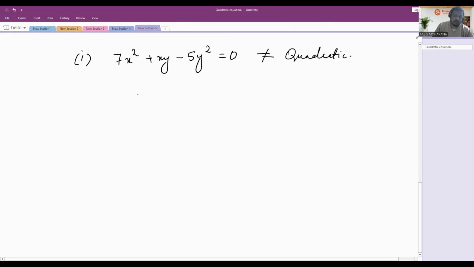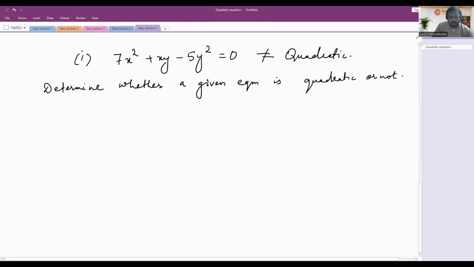Okay. Now, determine whether the given equation is quadratic or not.